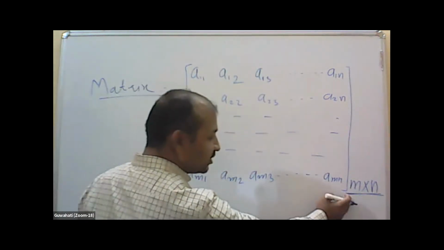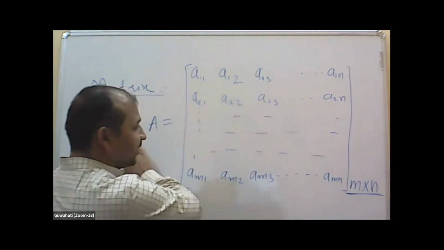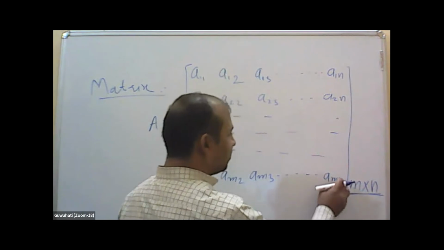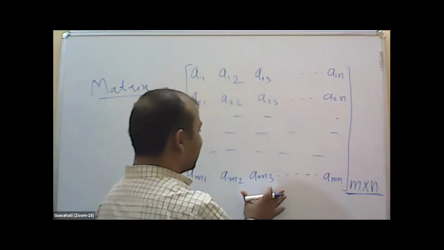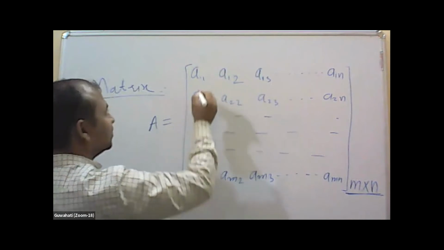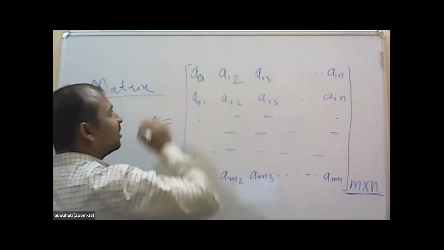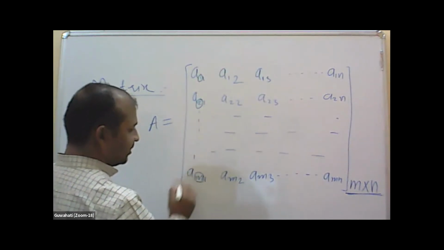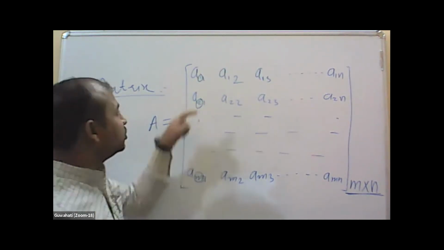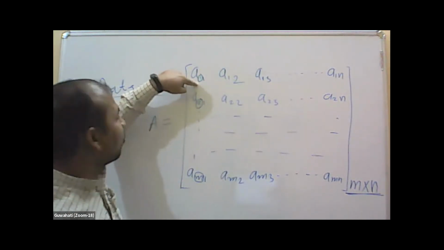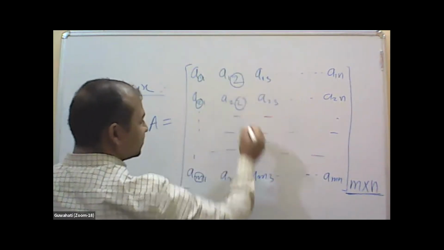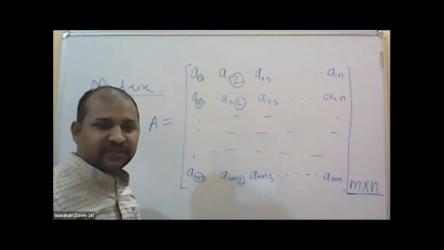This is how we can write the dimension. We call it a dimension or order. I will define separately what order means, so I don't want to use that word yet. This is the general representation. What does the first number indicate? It is the position of the element's row. And what does the second number represent? It represents the position of the column.